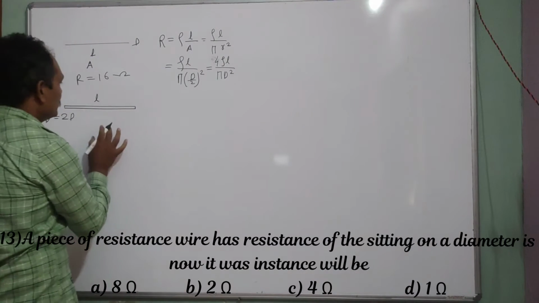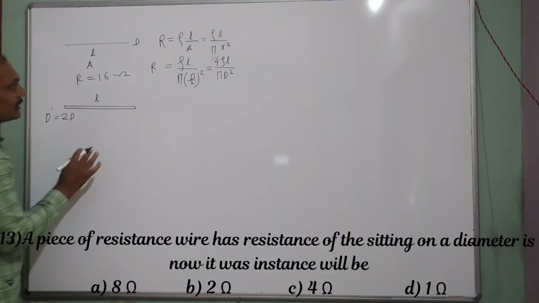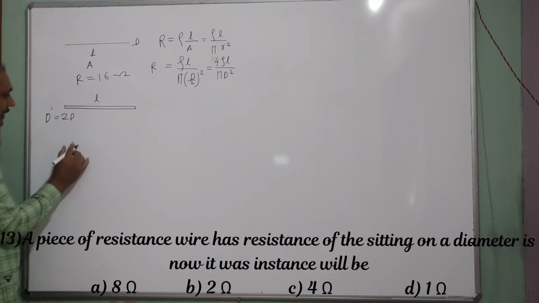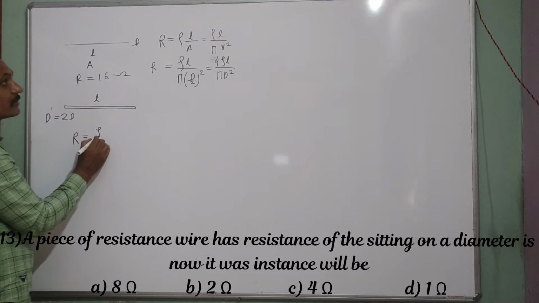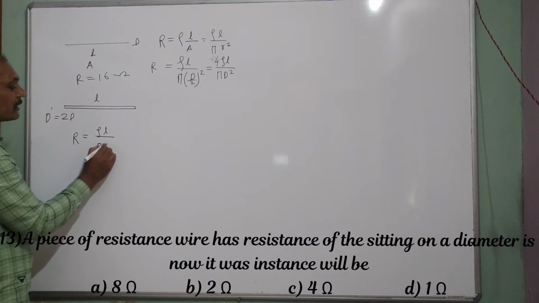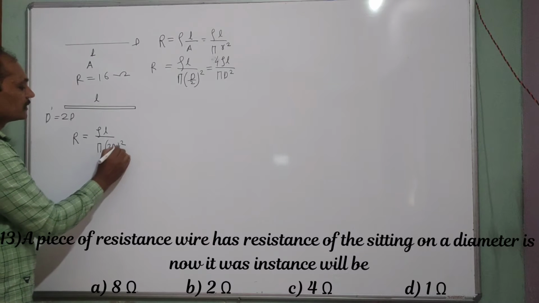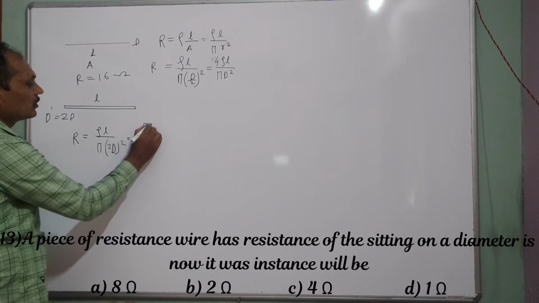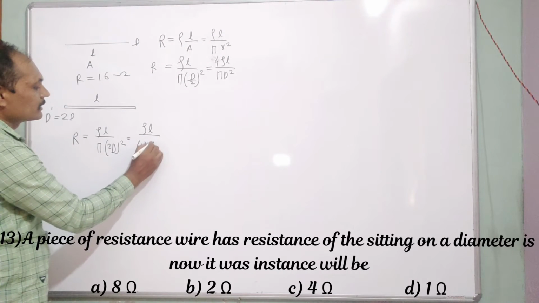Here the resistance is R. Now for the new resistance, R dash, L is the same, but with 2D squared, it equals rho L upon 4 pi D square.